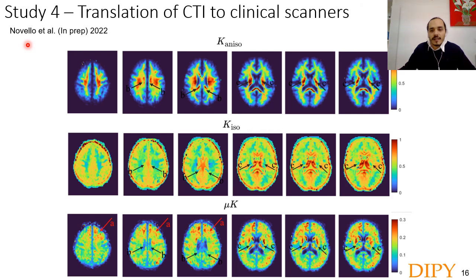Still, this study provides very nice templates to start exploring regional differences of the kurtosis sources across different brain areas. For example, here I'm showing different axial slices of the templates, and you can see that for the microscopic kurtosis, we have higher values in the prefrontal region, and this is in line with the higher total kurtosis values in this area that were reported in early DKI studies.